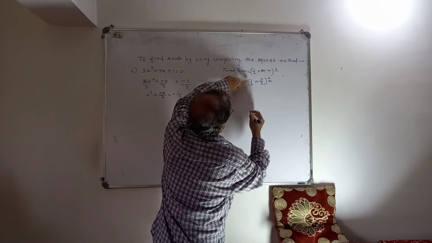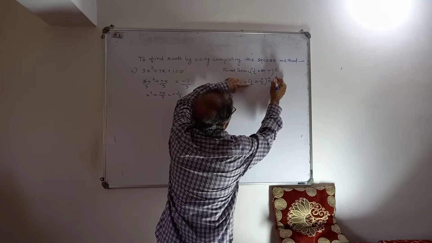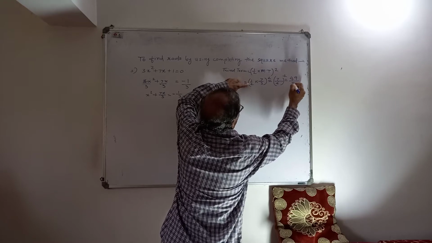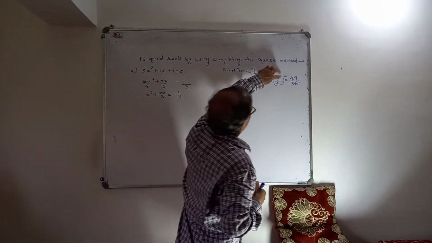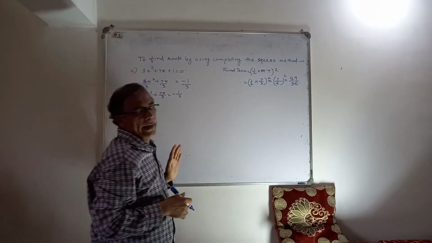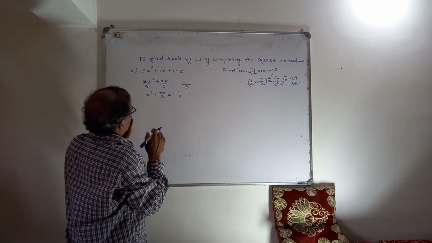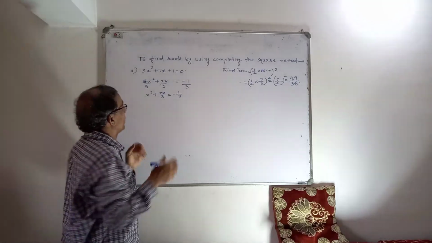So that is 1 into 7, that is 7 upon 2 into 3, which is 6, whole square, that is 49 upon 36. So this 49 upon 36 we have to add to both sides now, to convert the left hand side into the form a plus b whole square.